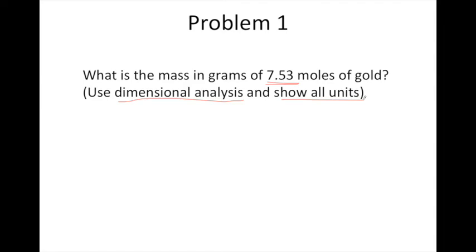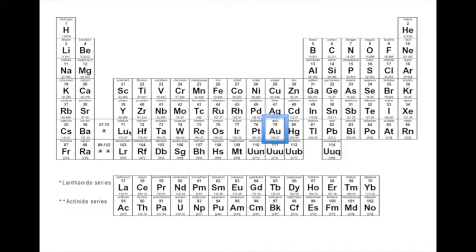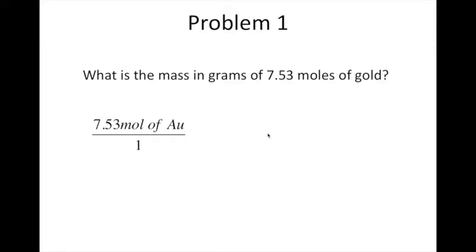Okay, so we're starting with 7.53 moles, and we want to convert it into mass or grams. So we want to use the molar mass as our conversion factor, and we want to go from moles to grams. Now, to do this, we need the molar mass of gold, which we can get off our periodic table, 196.97.